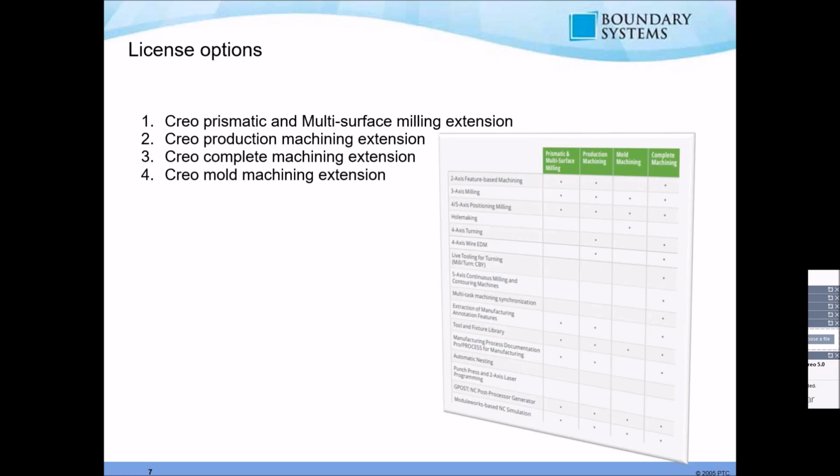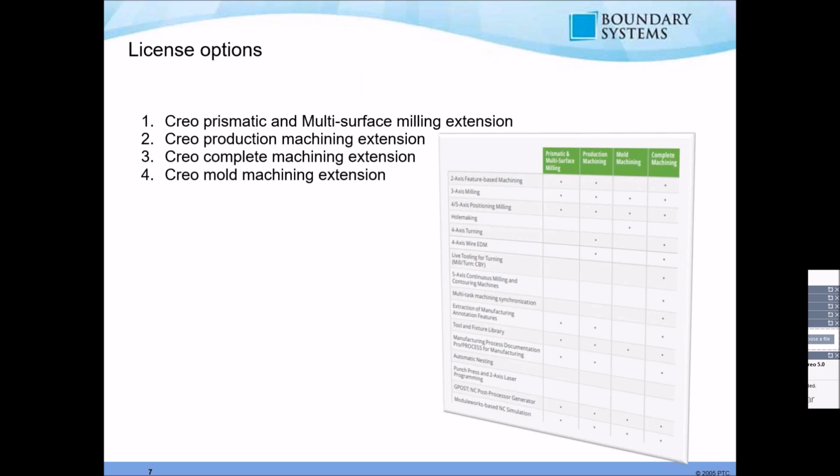Then if you go to Creo production machining extension, you'll get everything that's in prismatic and multi-surface, but we're adding the 4-axis turning, and we're adding 4-axis wire EDM as well. Okay, and then you can buy the complete machining extension. So that's basically everything.